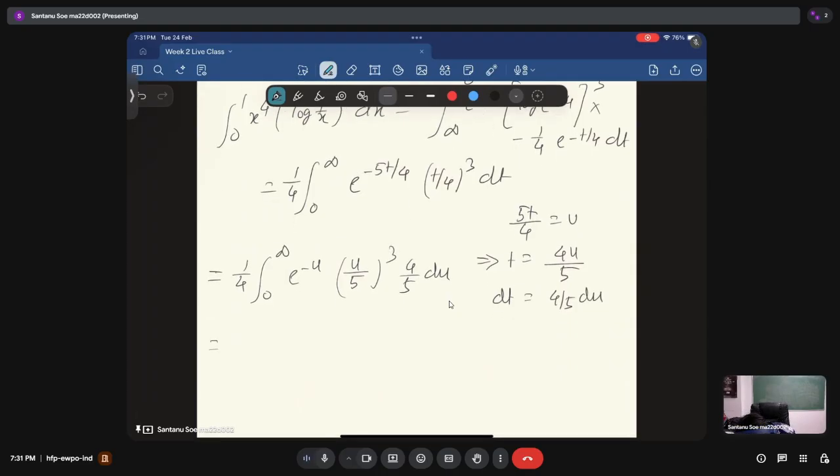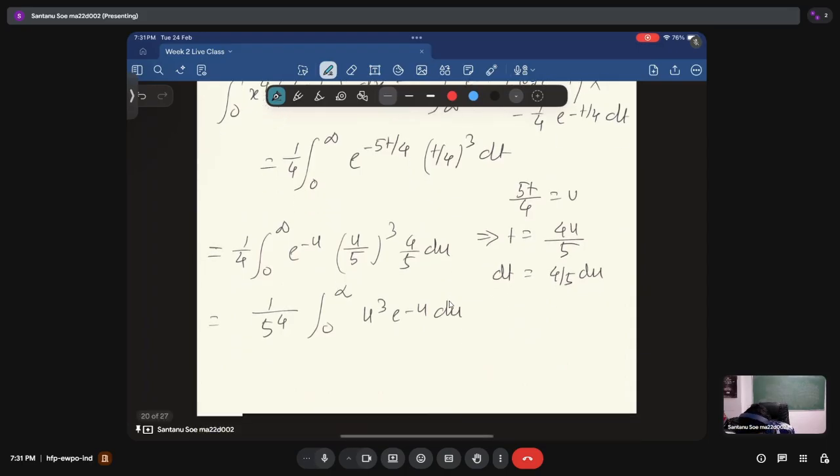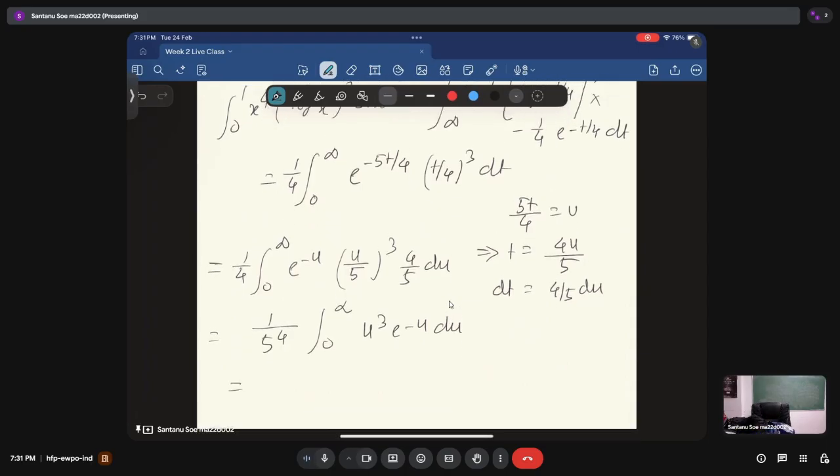So this 4 will get cancelled out, so this will be 1 by 5 to the power 4, integral 0 to infinity, u cube e to the power minus u du. Correct? So this is same as 1 by 5 to the power 4, integral 0 to infinity, u to the power 4 minus 1 e to the power of minus u du.